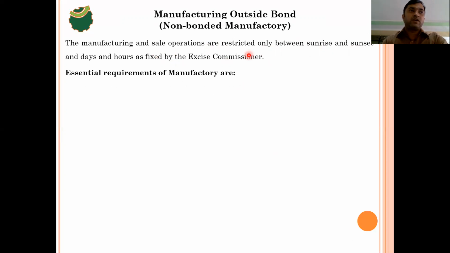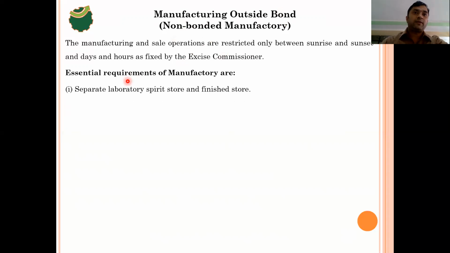The preparations are manufactured using duty-paid alcohol and this is known as manufacturing without bond, or outside bond, or they are also called non-bonded laboratories. That means these people have already paid duty for the alcohol and are manufacturing without any bond.